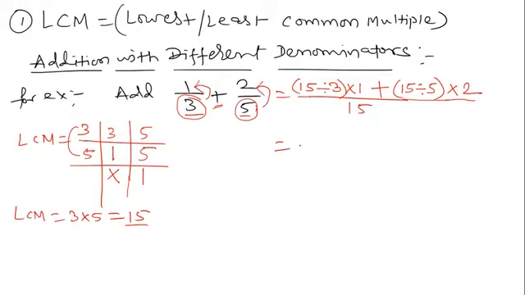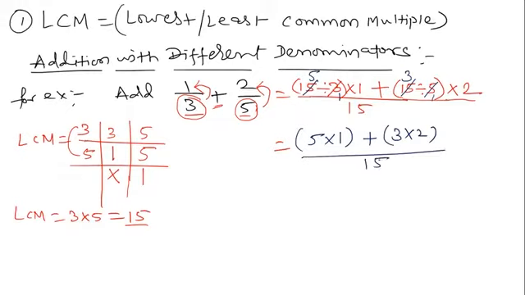So what is the division? 3 ones are 3, 3 fives are 15, 5 ones are 5, 5 threes are 15. So in bracket, what remains? 5. So I write here 5 multiplied by this one plus 3 here, and this multiplied by 2.